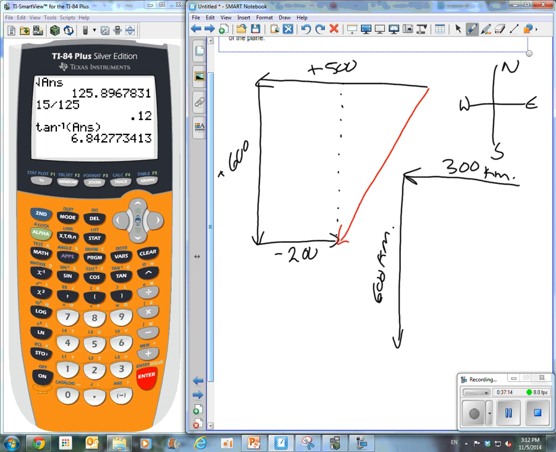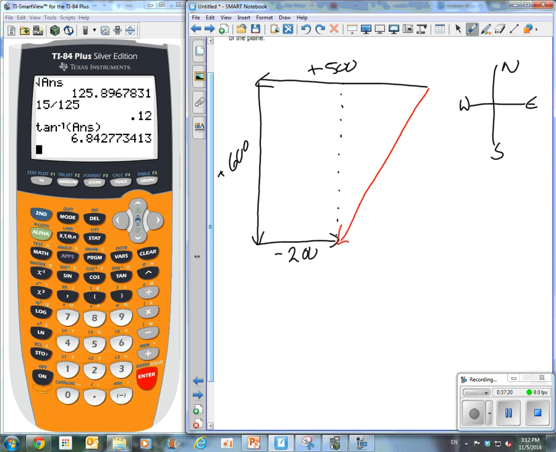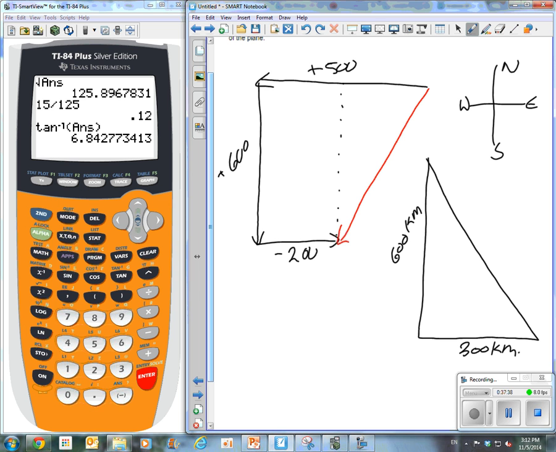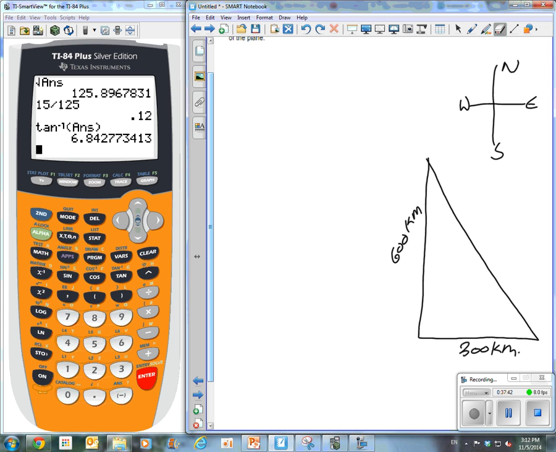Oh, sorry, that should have been north. Darn it. Let's draw this again. I'm just going to switch this around here and do it this way. Okay, so just 600 kilometers north now, and this is going to be the 300 kilometers west still. Okay, so let's just get rid of this so we're not confused. Sorry about that.